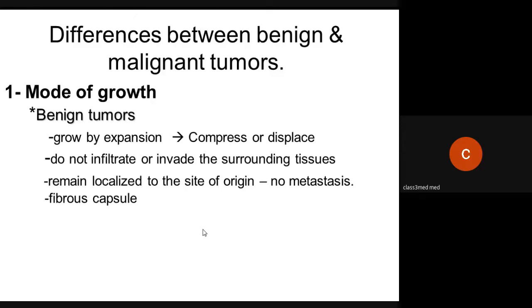The organ is called the host. The benign tumor has no ability to invade this capsule, but when the tumor is malignant, the capsule is always invaded, grossly or microscopically.